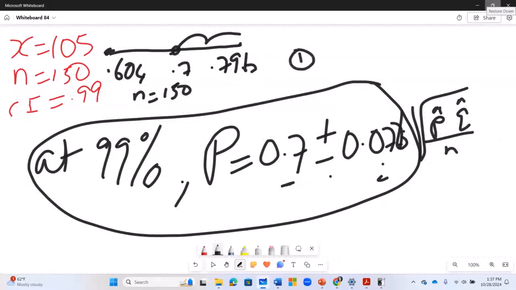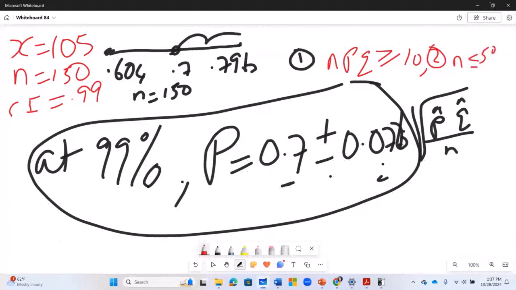Condition number 1, the variance of the sample, NPQ, must be greater than or equal to 10. And condition number 2, the sample size must be less than or equal to 5% of population. And this will go because what is the population?